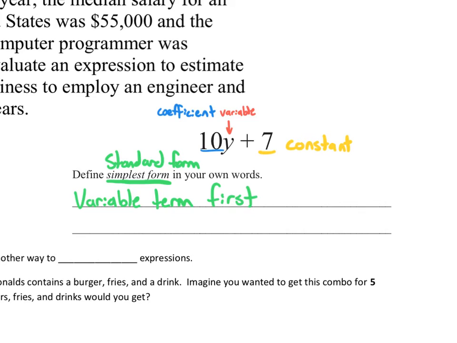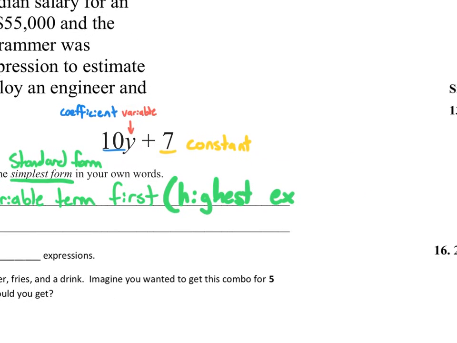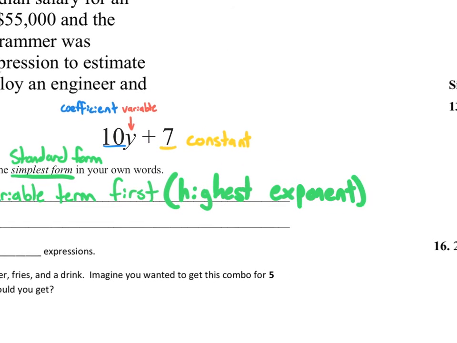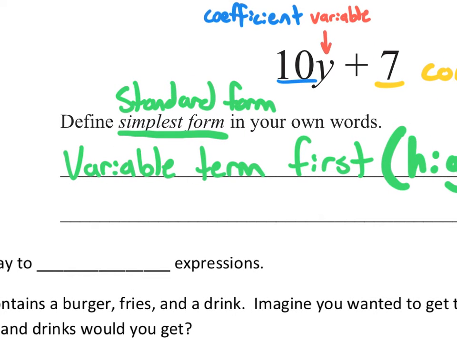So for something to be in simplest form or standard form, we want the variable term first, and if there are exponents, you want to put the highest exponent first, and then decrease down. And this also means that constants come last.